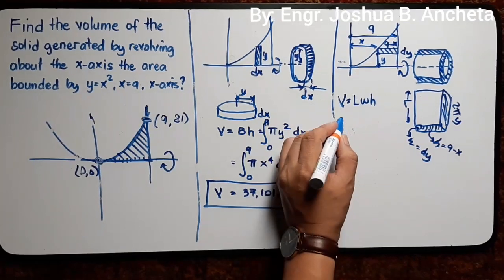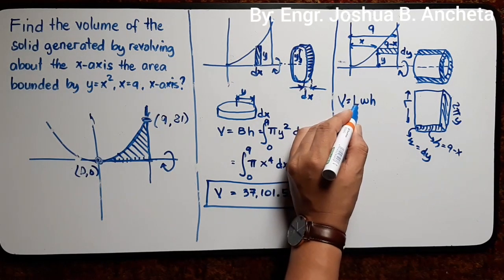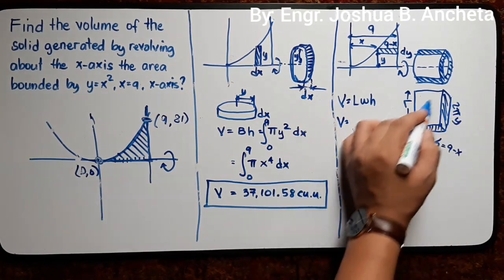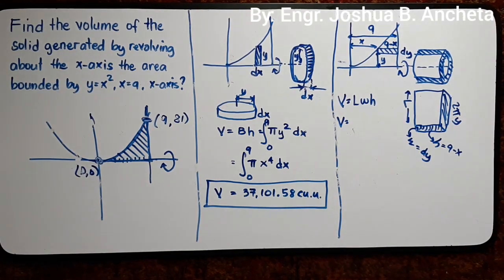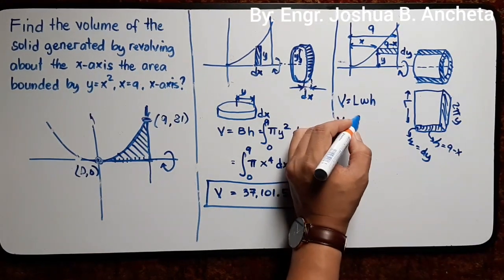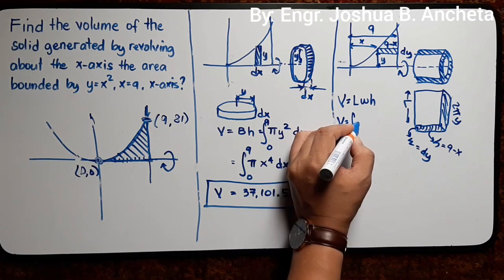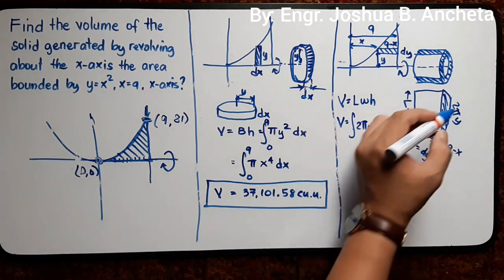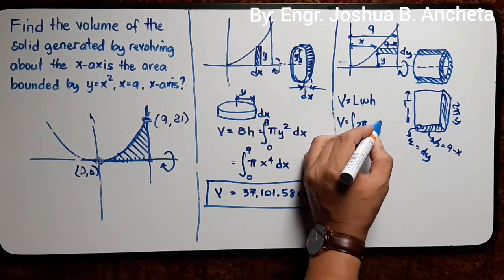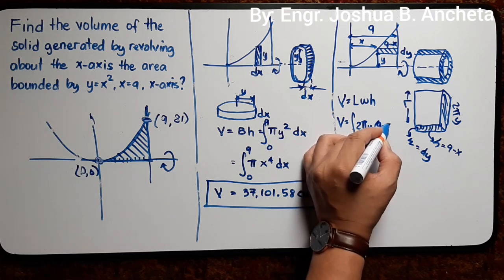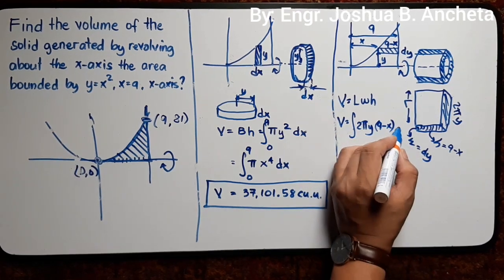So our volume solution is length times width times height. We will just multiply these values. Therefore, the integral of 2 pi y times 9 minus x times dy.